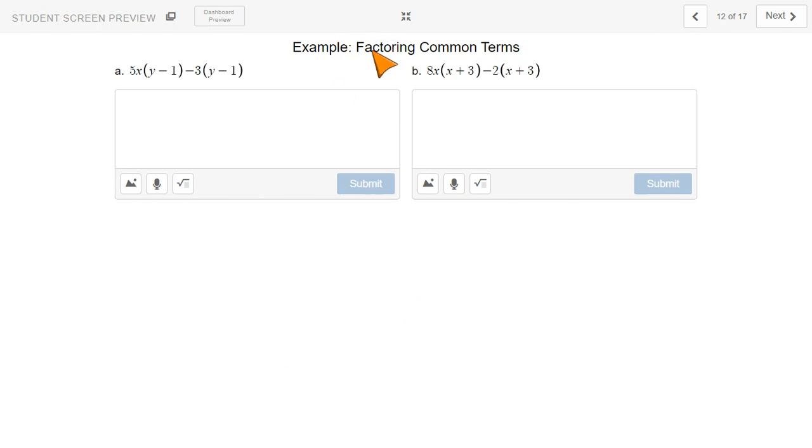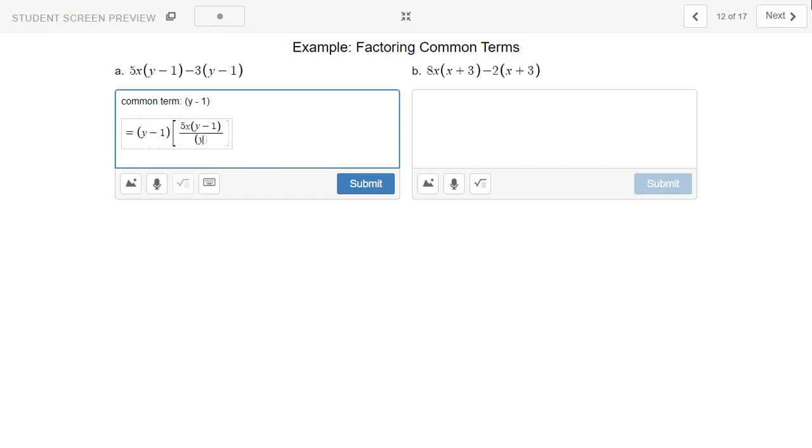Sometimes we have common terms that are factored, not just a variable or a number. So when we're factoring common terms, we can say this entire segment or the whole bracket is common. So we're going to do the same thing and take the common term, put it on the outside, rewrite the equation now, but we're going to divide each of the terms by our common term.